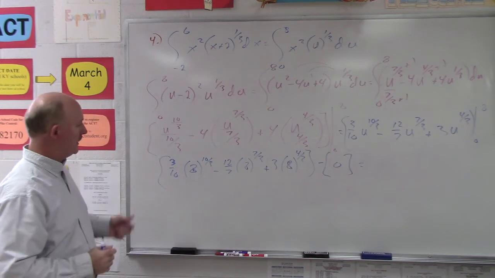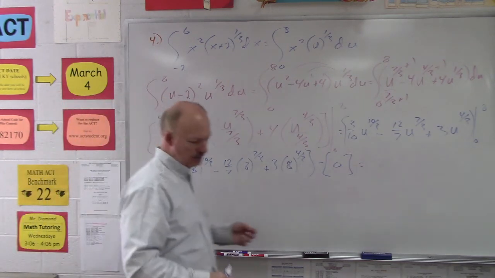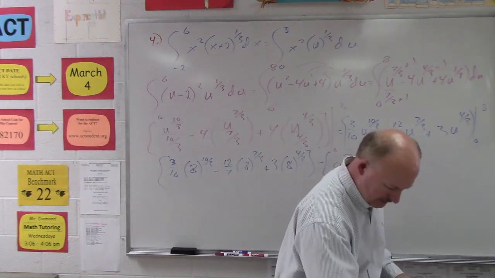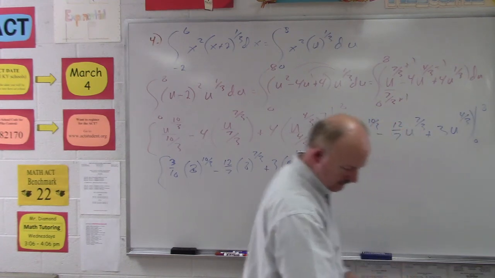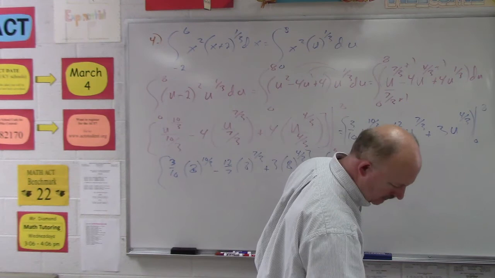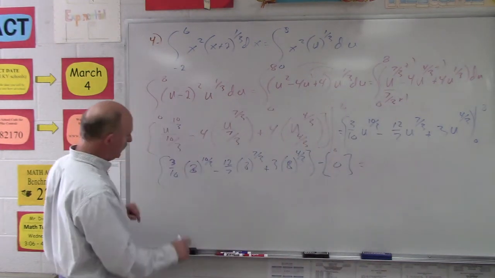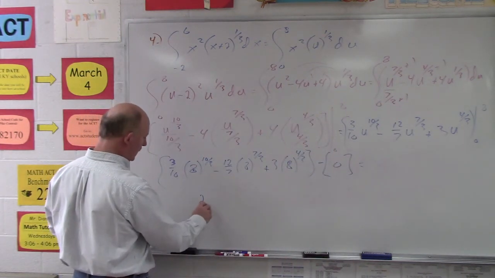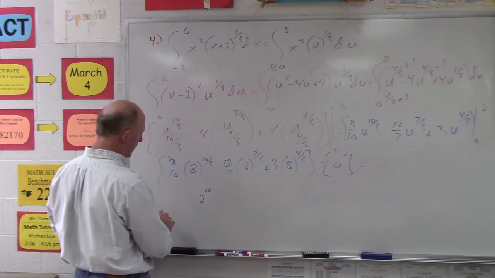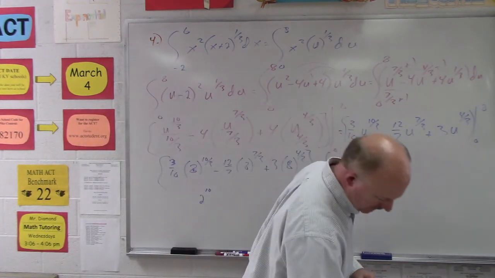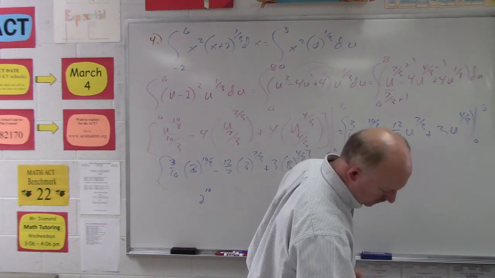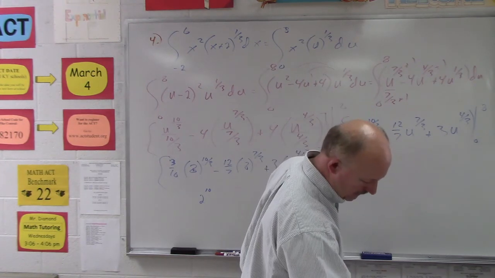As we evaluate this now, I'm going to skip some of the steps here with the arithmetic. Now 8 to the 10/3 power: the cube root of 8 is 2, so that's actually 2 to the 10th power, which is 1,024.